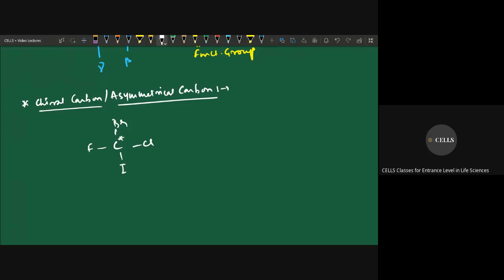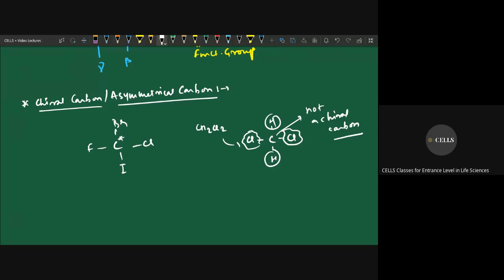So this is a chiral carbon. But if we have CH2Cl2, it will be C, H, H, Cl, Cl. These two are the same, these two are also the same. So it is not a chiral carbon.